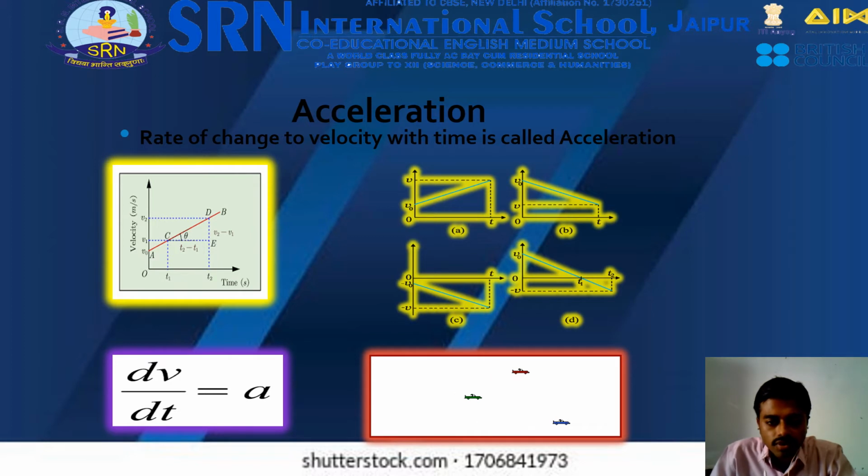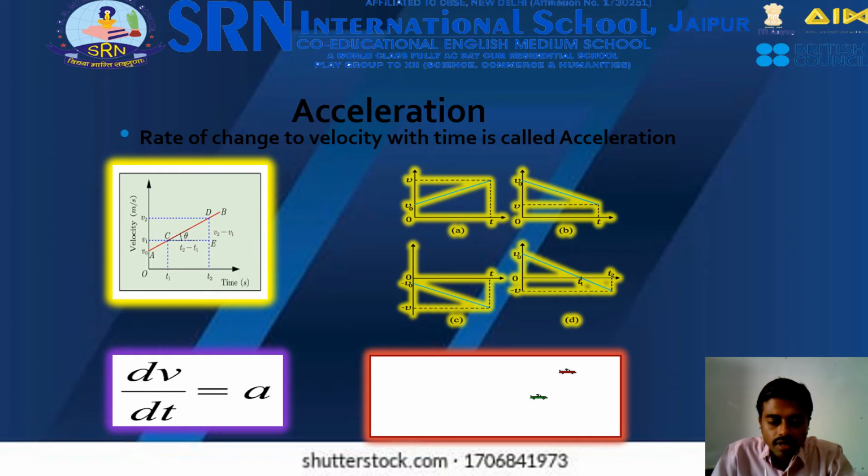Here are four different graphs. All represent that if velocity increases with respect to time, then it is acceleration. If the velocity decreases, as we can see in figure B, so velocity decreases with respect to time, this is known as retardation.